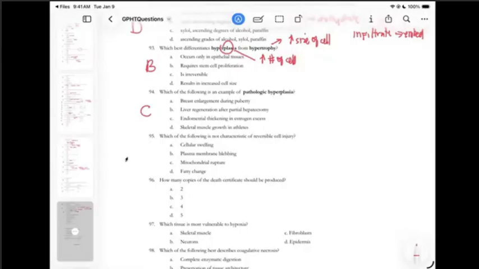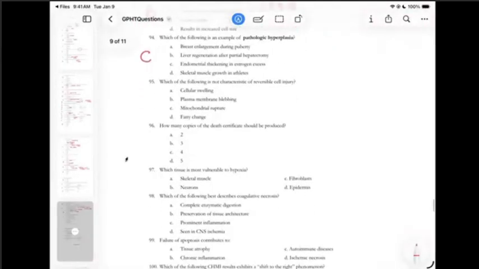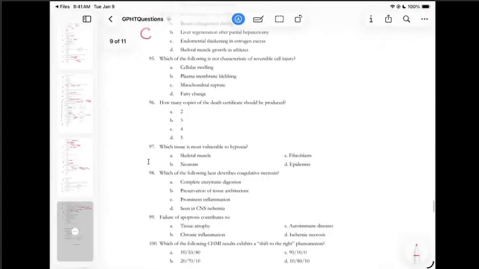Number 95, which is not characteristic of reversible cell injury? That's letter C. When there is mitochondrial rupture, there is already damage to the organelles, and that becomes irreversible.